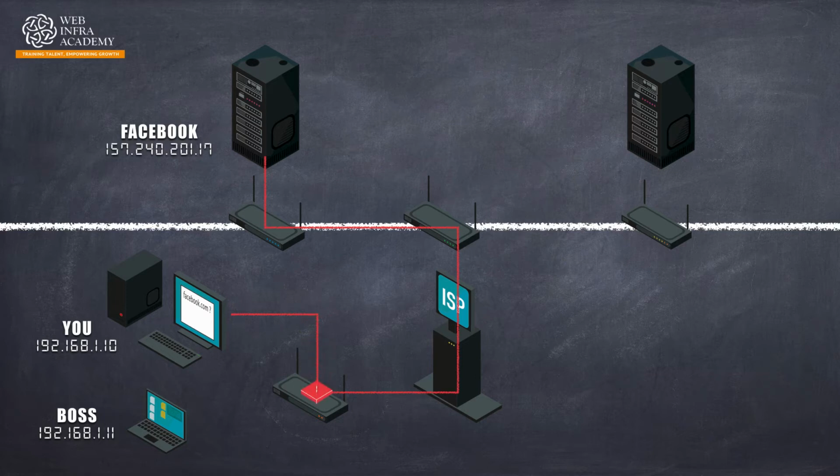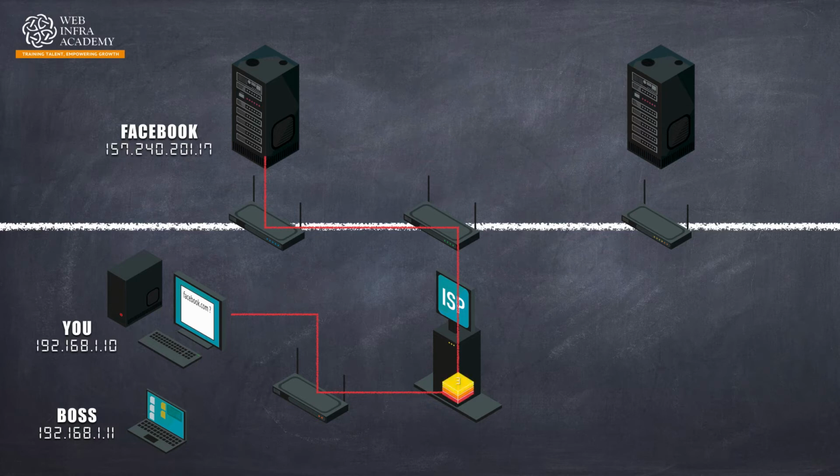I forward the packet to the router. The router again adds a wrapper, adds an envelope, puts its sender address on it. I'm this router. Again, he forwards the packet to the internet service provider.